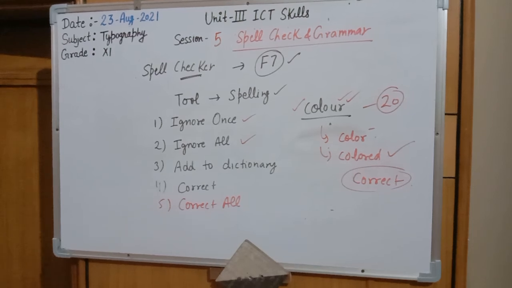Now the shortcut menu for the spell checker. Another way to correct the spelling and grammar is to select the underlined text and right click. We can do it with the right click option also, that I will discuss now. And the AutoCorrect option can be selected from Tools.